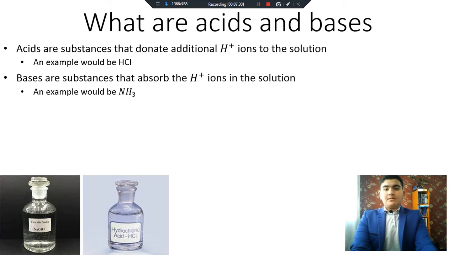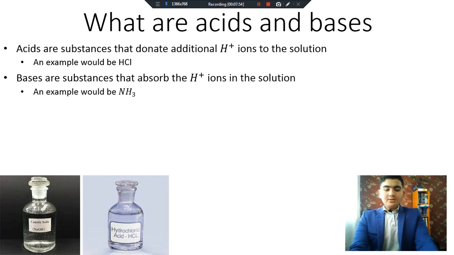You know the rest: H plus ions in the solution bind to OH minus and form water, which is pH neutral. So in either case the base reduces the concentration of H plus inside the solution.